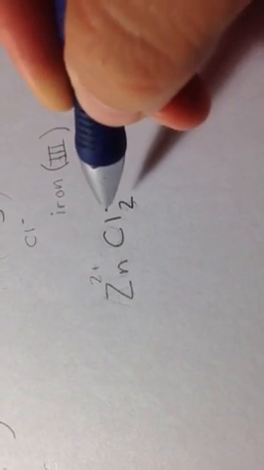So zinc here we know is going to have a charge of 2+. And that matches the charge on the chlorines, because we have 2 chlorines, each with 1 negative charge, for a total charge of -2. And so those cancel out nicely to give us a neutral compound.